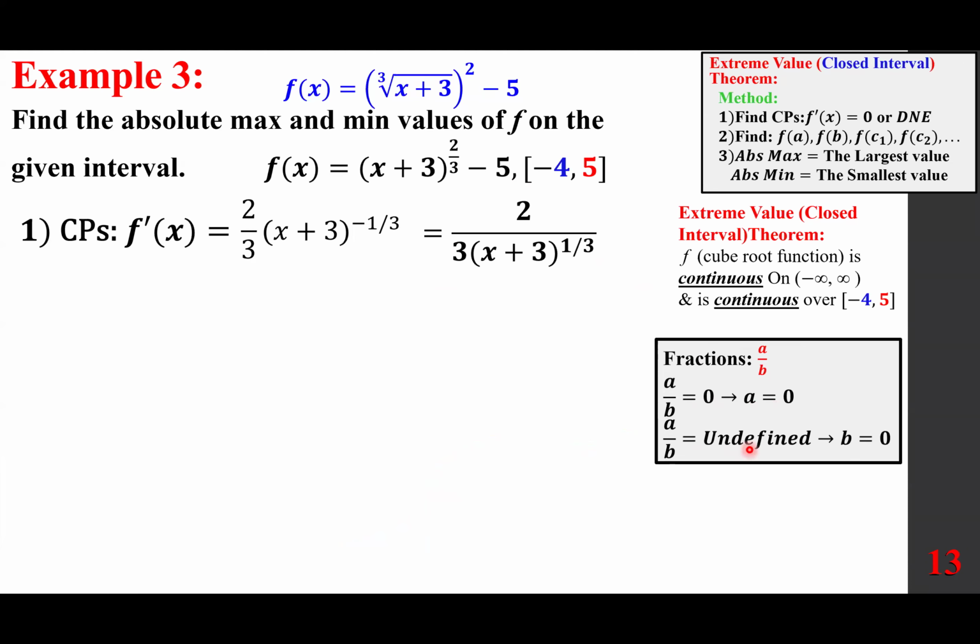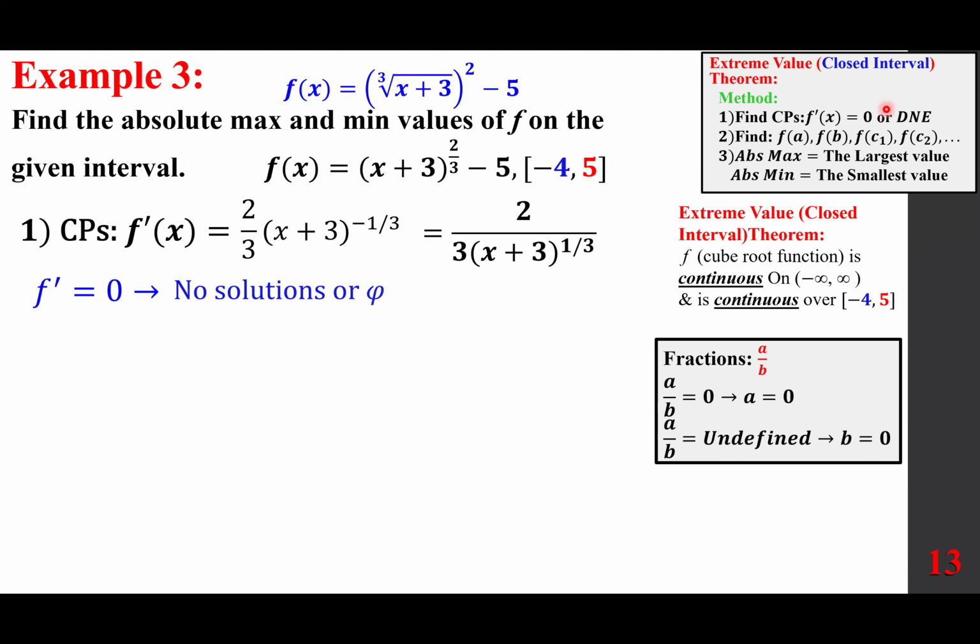A fraction a over b is undefined if b is 0. This fraction has a numerator which is a number, doesn't matter small or large, positive or negative. It can never be 0. The only way it can be 0 is if it involves a variable. So f prime equals 0 has no solution.